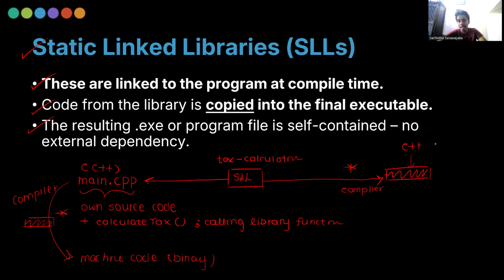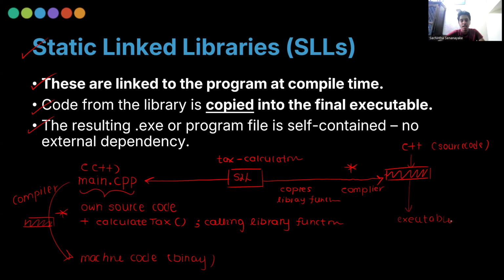So it takes your C++ source code and along with that, it also takes a copy of the calculate tax function, a copy of the library function, right? And what the compiler does is it combines this source code and this copy of a library function into a final executable, right?